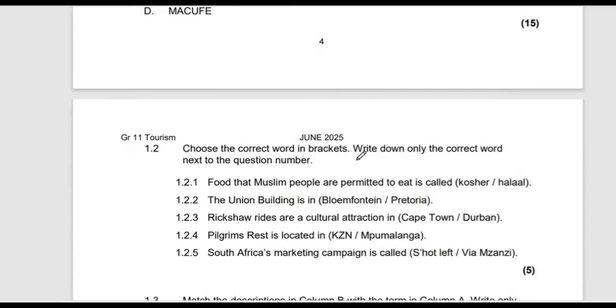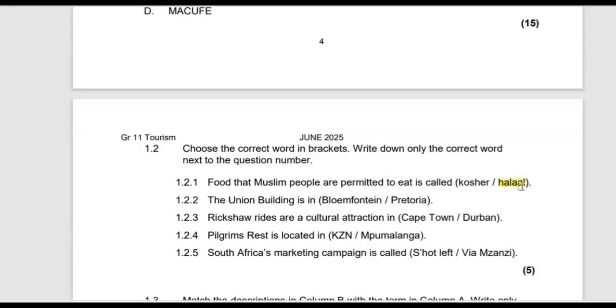Then moving on to 1.2, choose the correct word in brackets. Write down only the correct word next to the question number. So in this case, I am actually going to highlight the correct answer in each scenario. So the food that Muslim people are allowed to eat is known as halal food.